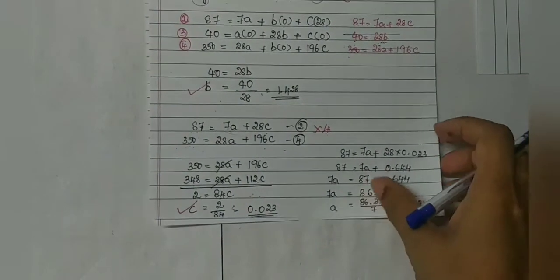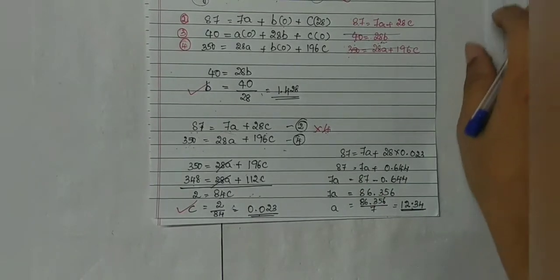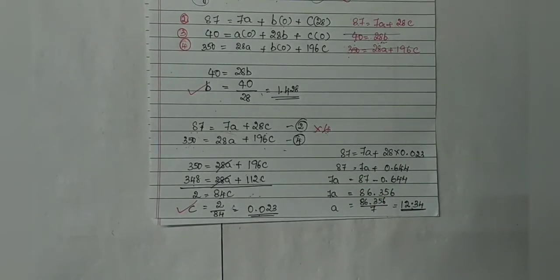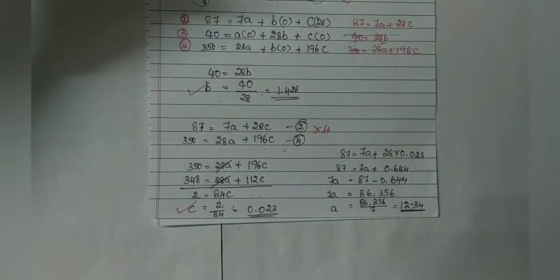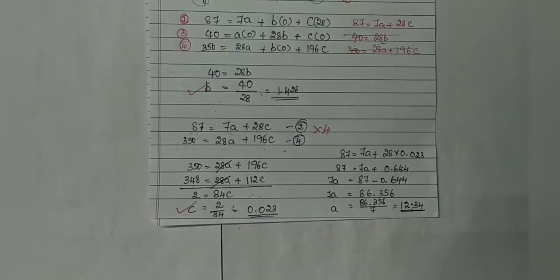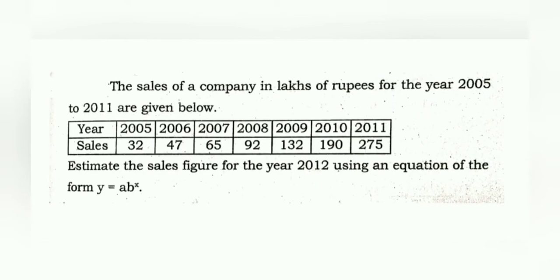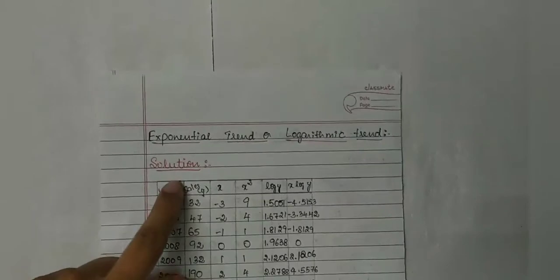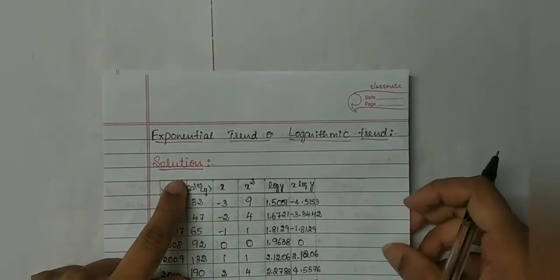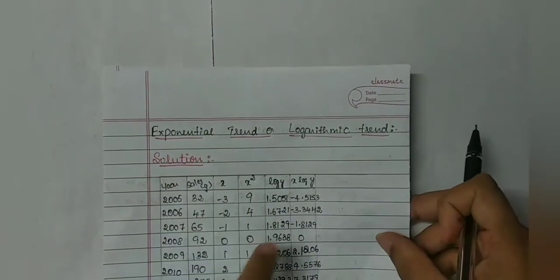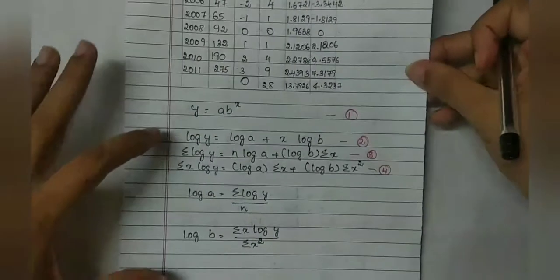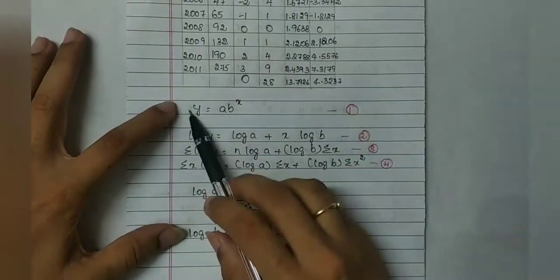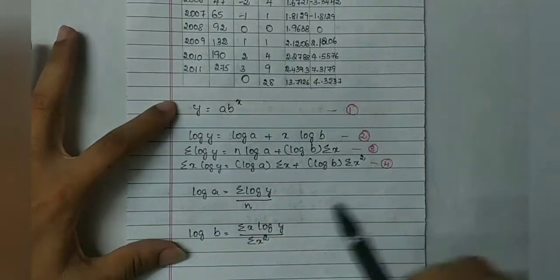Now let us go for the third method of least square method, that is the exponential method. Let us look into the problem. When it comes to exponential trend or logarithmic trend, we have to calculate logs. So here is our equation, y is equal to a b to the power x.